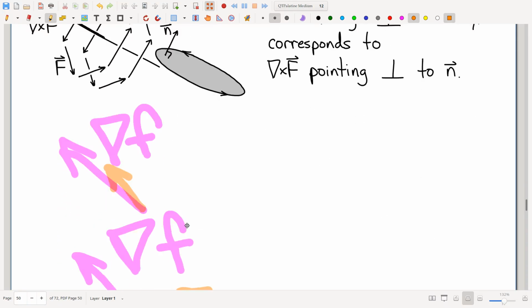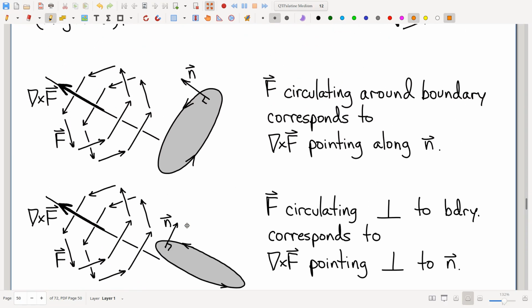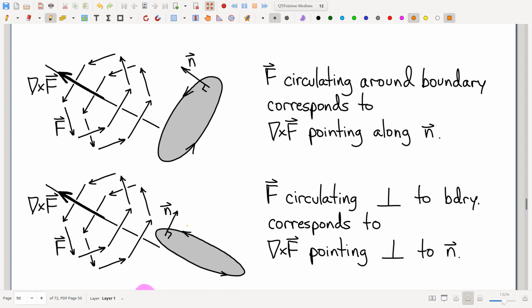Well, here's the equivalent. All right, now think about these pictures while you're digesting what I have here. On the one hand, if I have a rotating fluid, let's say kind of like that, by the way, the rotation of which is represented by this curl vector.